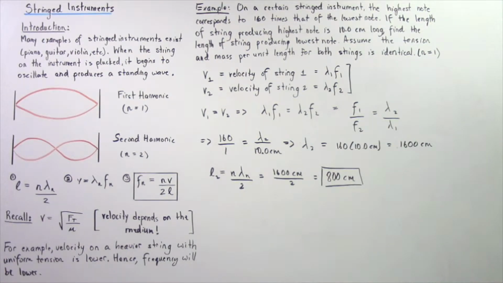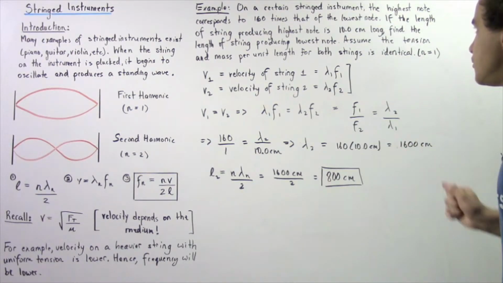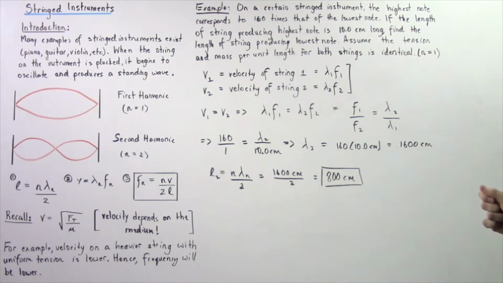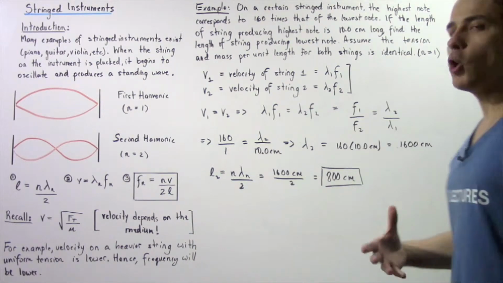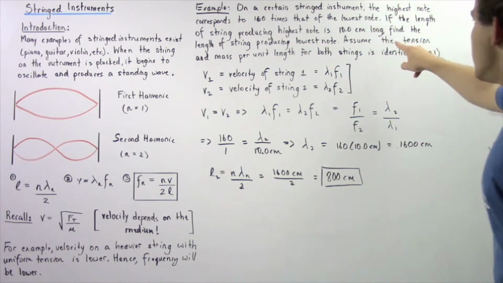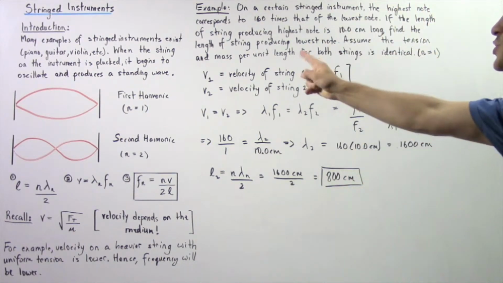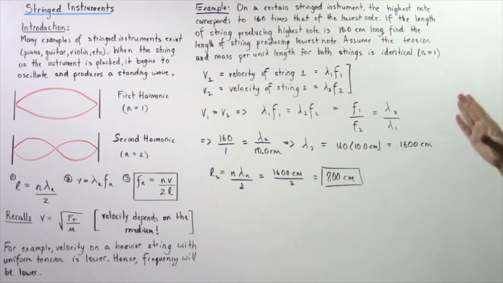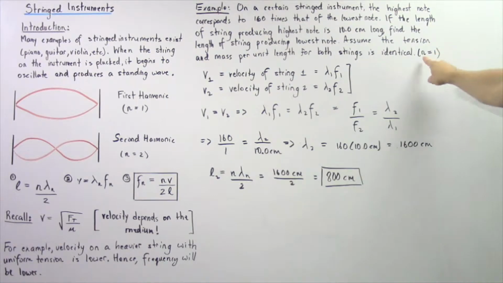If the length of the string producing the highest note is 10 centimeters long, find the length of the string producing the lowest note. Let's assume that the tension and the mass per unit length of the two strings is exactly the same, and let's suppose we're dealing with n equals 1, so the first harmonic.